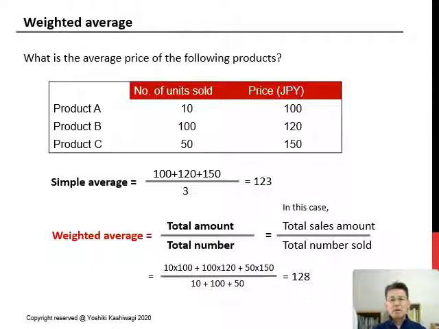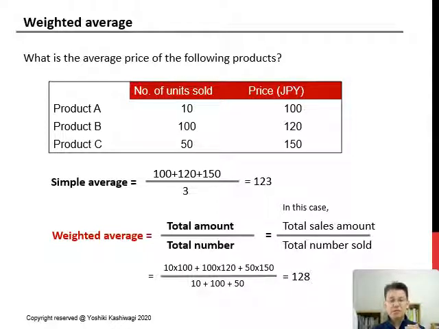Okay, let's take a simple example. This matrix represents the total sales units, the total number of sales, and the price by product. For example, for product A, you sold 10 units at a price of 100 Japanese yen.